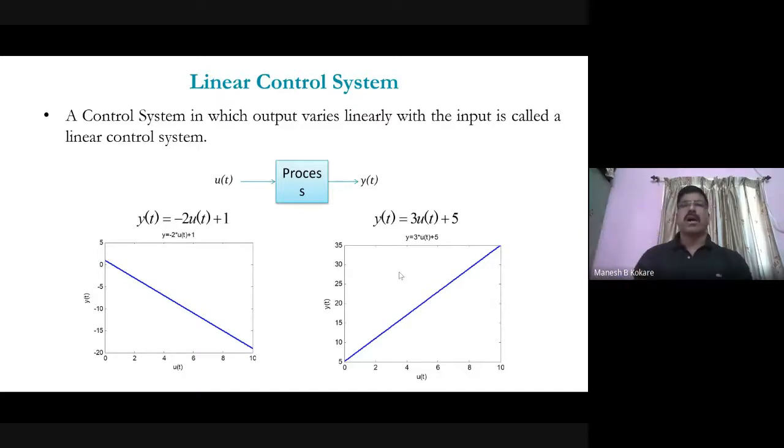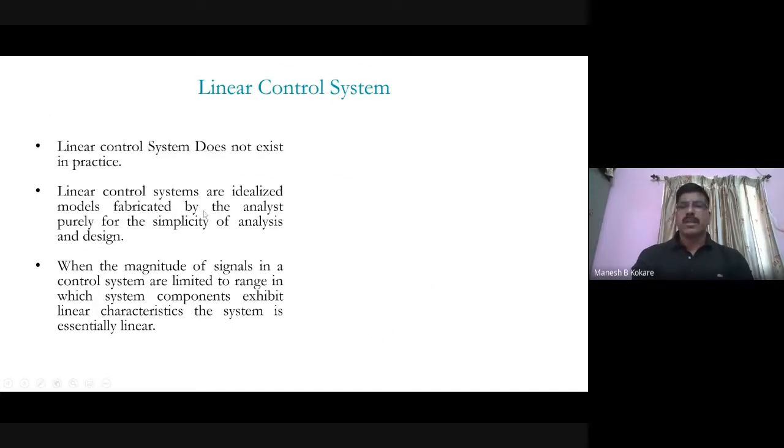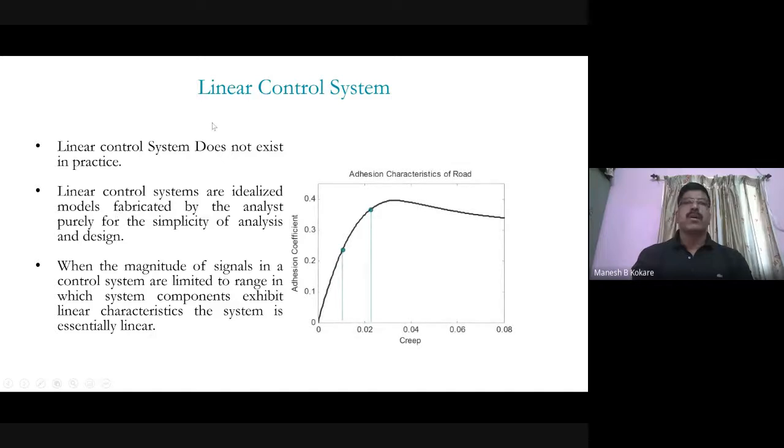Means basically there is no guarantee. In a non-linear control system, your output is non-linear, right? So there is no linear relation between input and output, and basically it happens when it does not obey the principle of superposition, right?